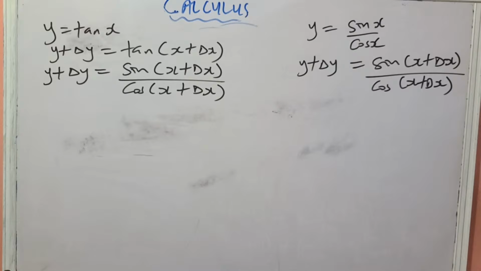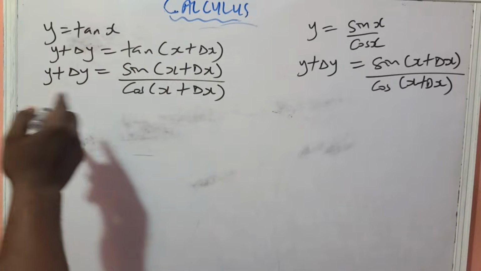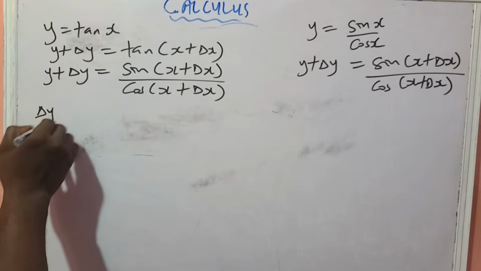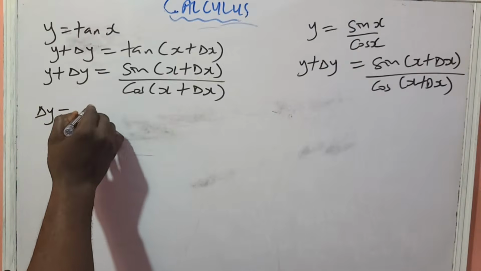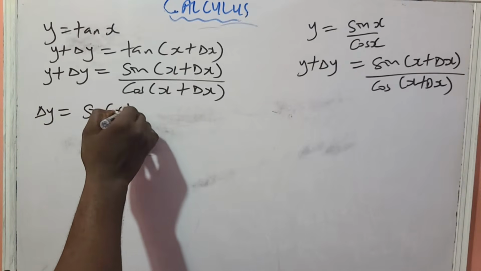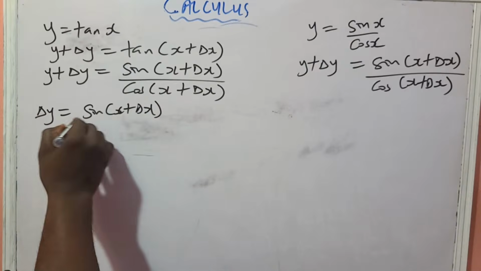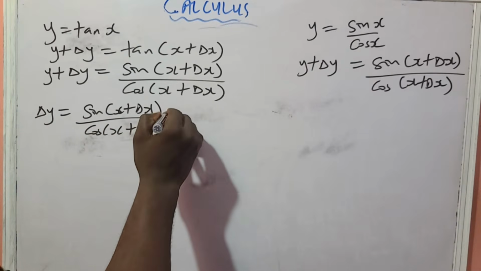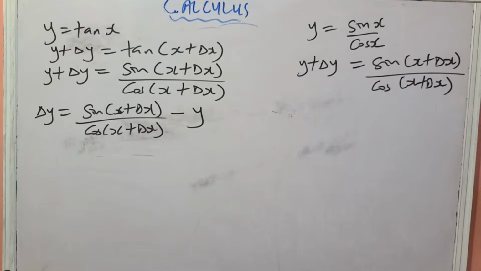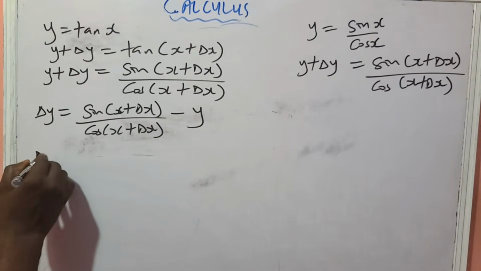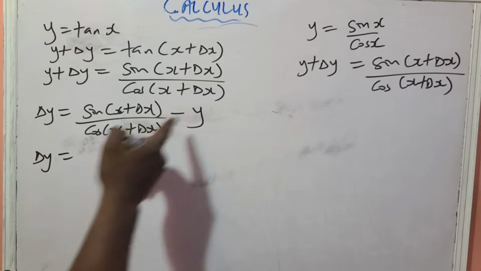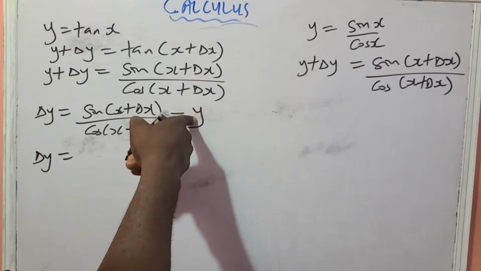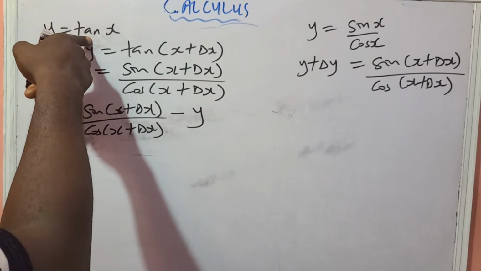This is quite easy. The next step is for you to make change in y the subject of the formula, which means you write sin(x plus change in x) over cos(x plus change in x) minus y. These are basic steps which I'm sure everybody understands. So we have change in y equal to, of course, you know what we're doing next: we are substituting y for whatever y was initially.